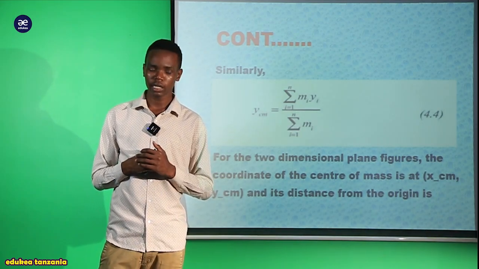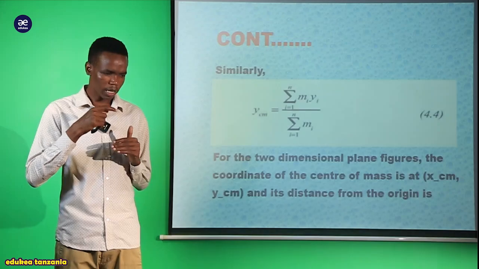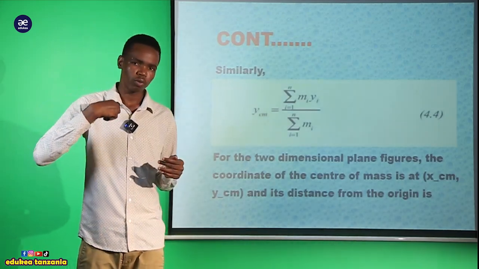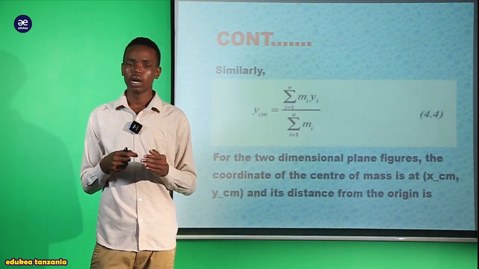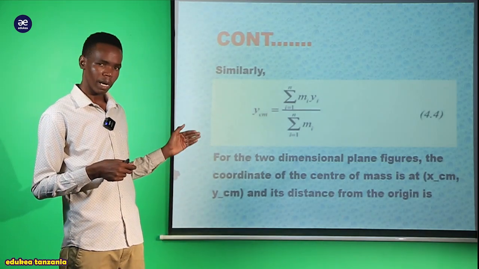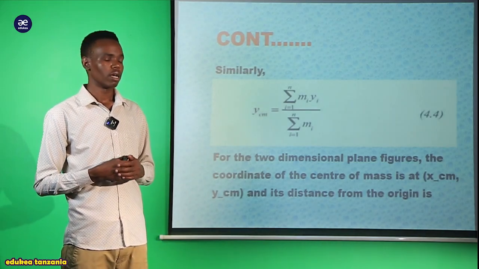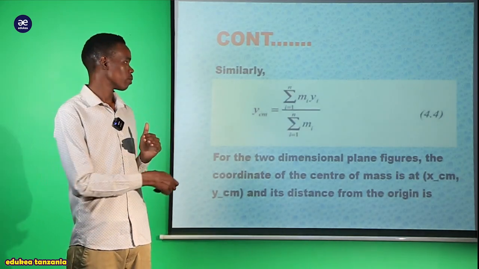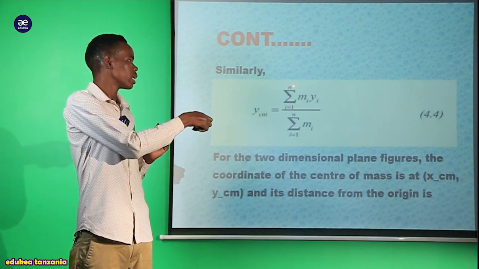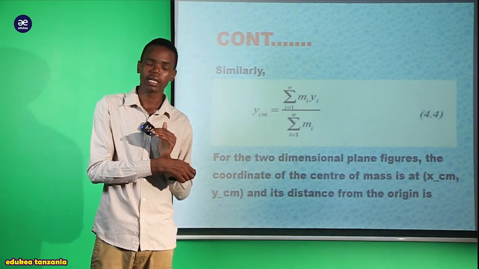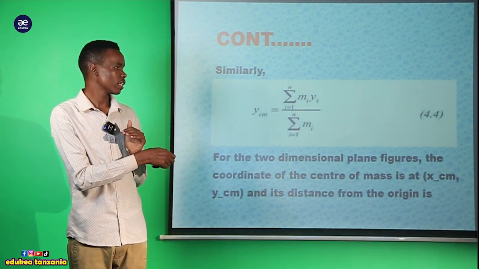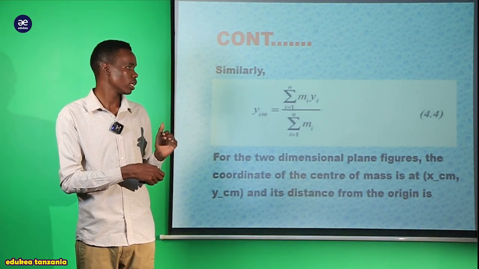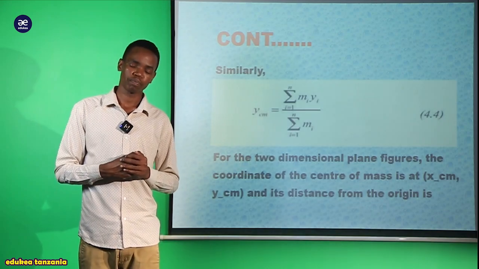This means when the irregular object tries to rotate vertically, the center of mass along the y-axis must be equal to the summation from i equals 1 up to i equals n of mass i times yi, divided by the summation from i equals 1 up to i equals n of mass i.